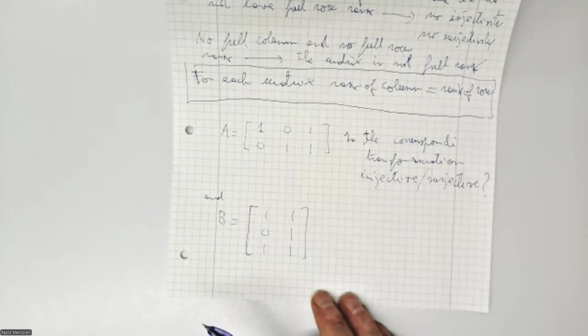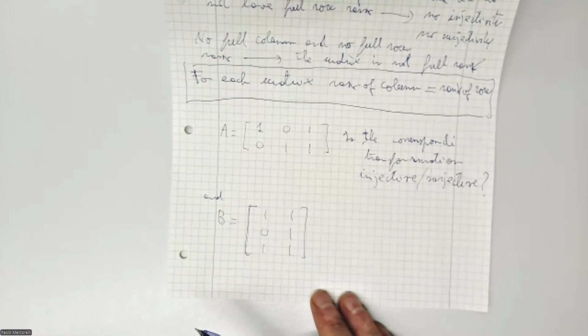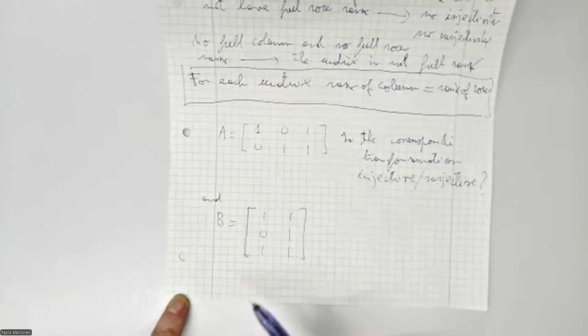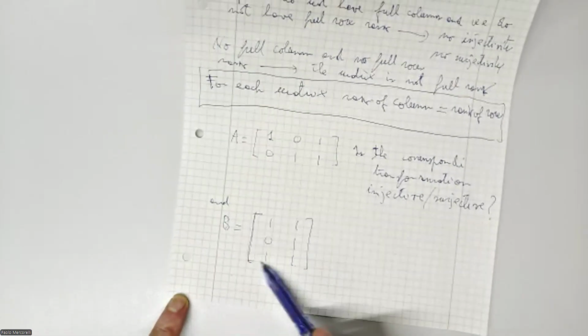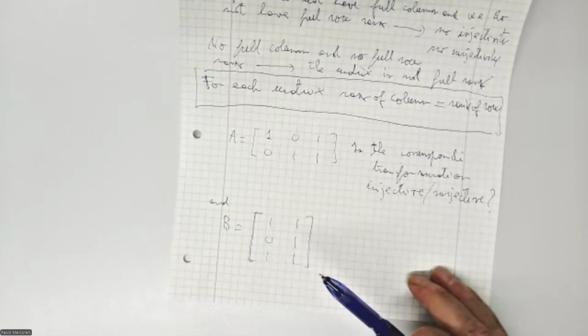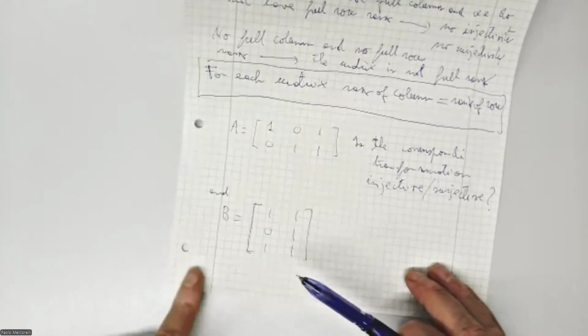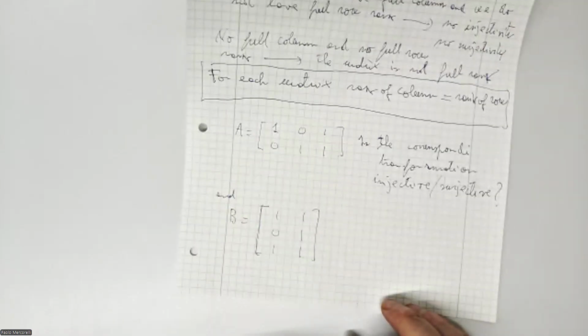And look at home about the surjectivity, but we can see, because of this reason, that the row rank is not full. If you look at the scheme here, we don't have the surjectivity.